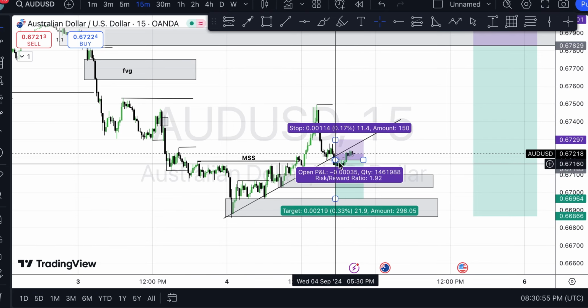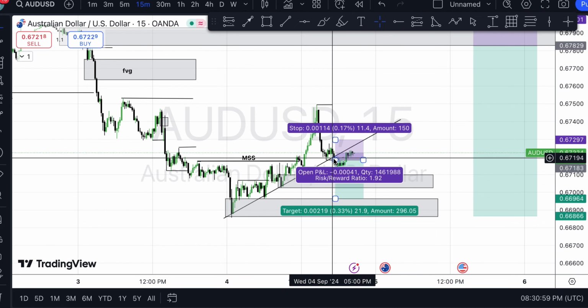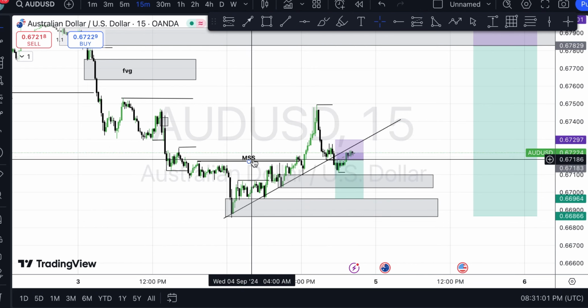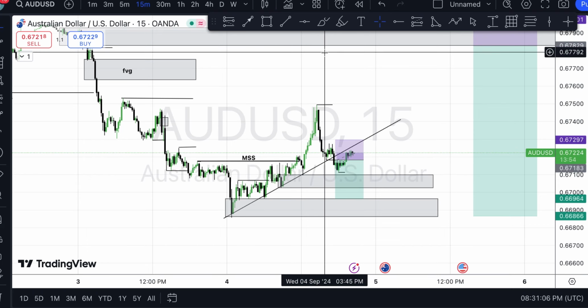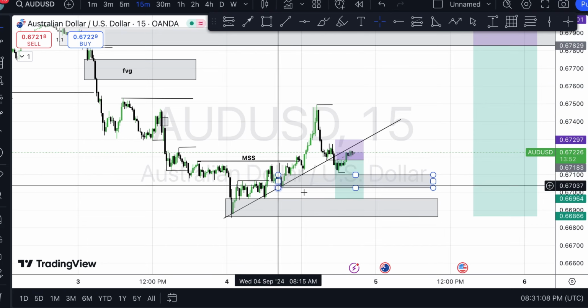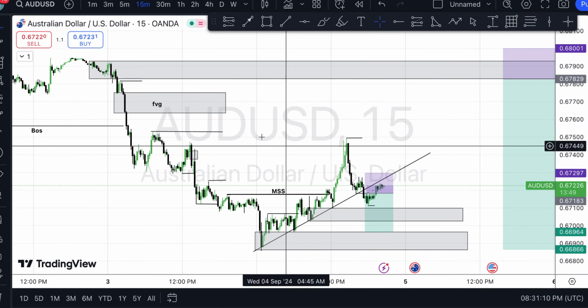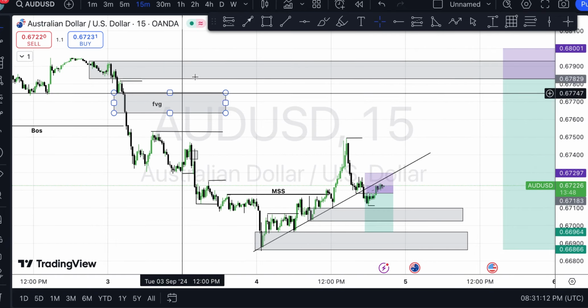This is only meant for pros, because it can be risky. Like this one I'm doing now, selling from here. I'm counter trading because the market has already done a market structure shift to the upside, so it has indicated that price wants to start going up, at least to push it further to this zone and this zone.